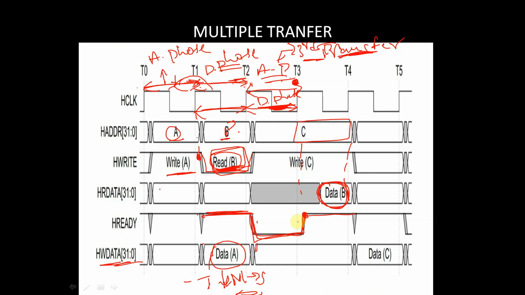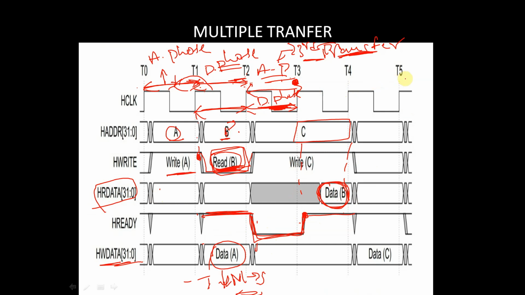So when HREADY is high in the T2 to T4 clock cycle, that is the data phase, the read operation takes place with the help of the HRDATA bus.